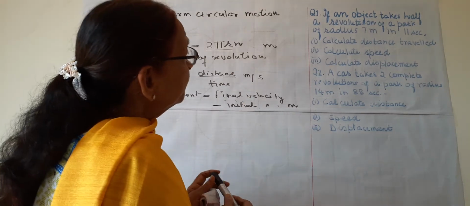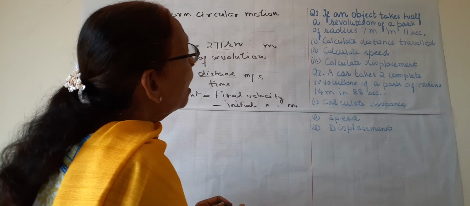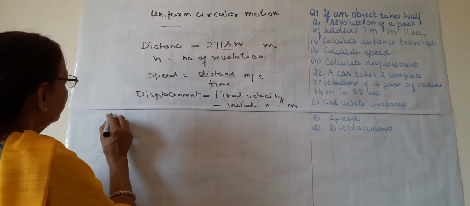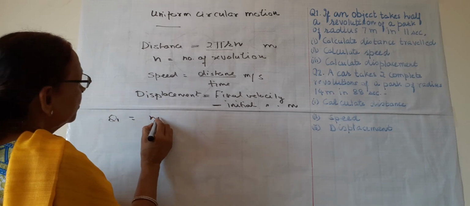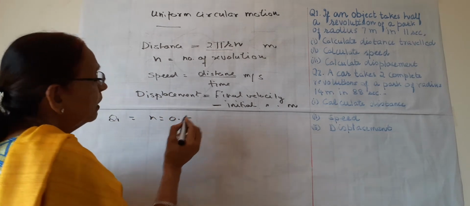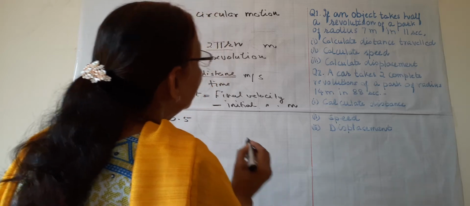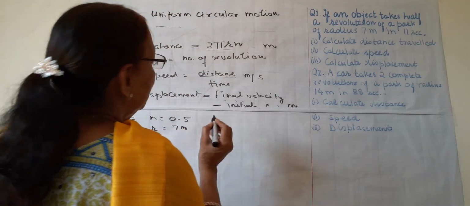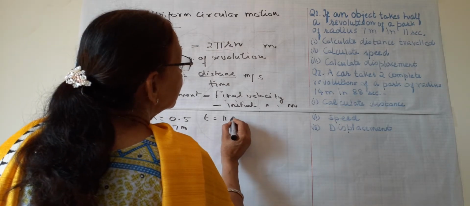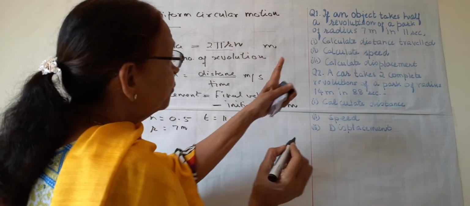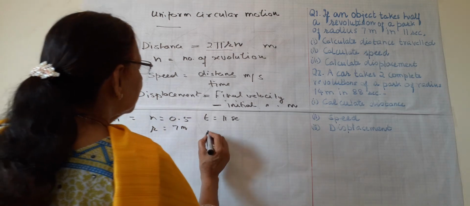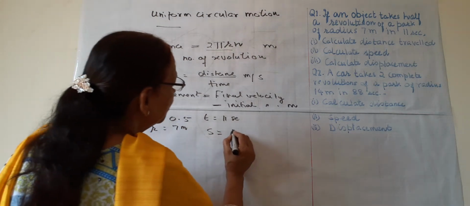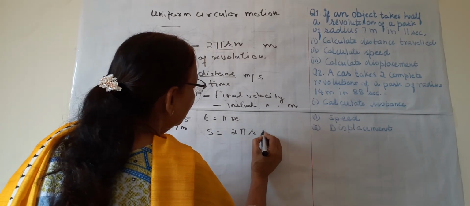Read the first one. An object takes half a revolution of a park. So here in question 1, n is equal to 0.5. Half revolution is there. Radius is 7 meters. Time is 11 seconds. So first we have to calculate the distance. Distance s is equal to 2 pi r n.